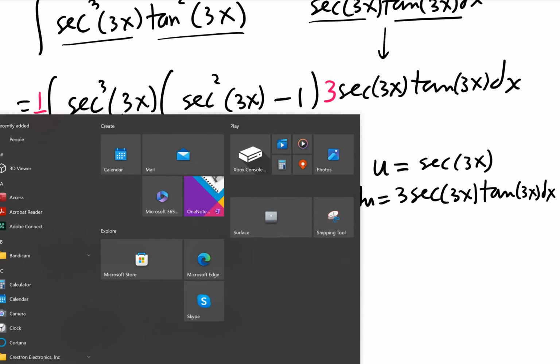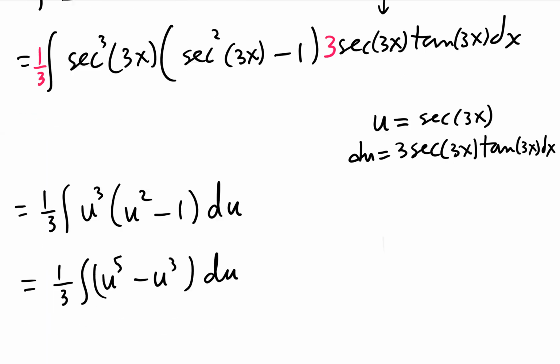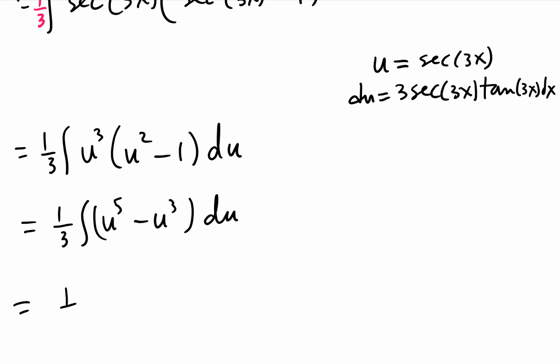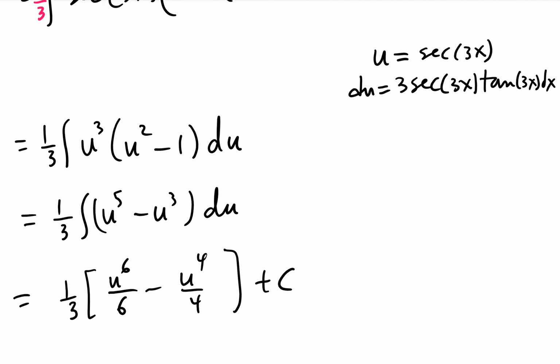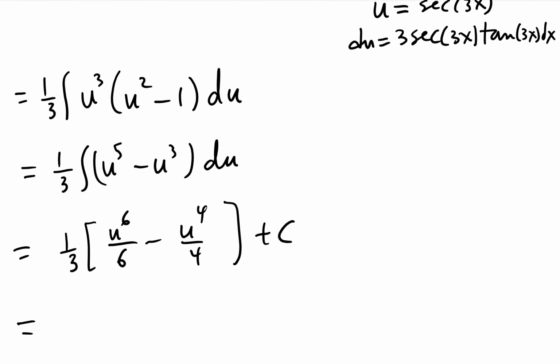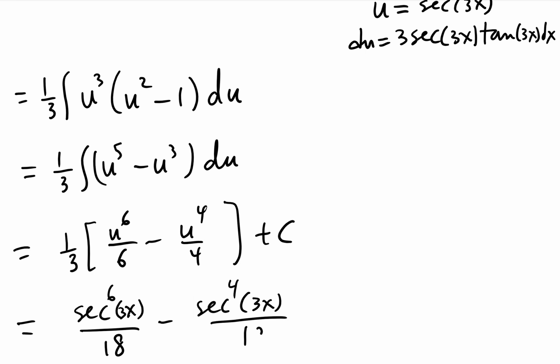Then this will give me 1/3 times u to the 6 over 6 minus u to the 4th over 4 plus c. U is secant, so secant to the 6 of 3x over 18 minus secant to the 4th of 3x over 12 plus c.